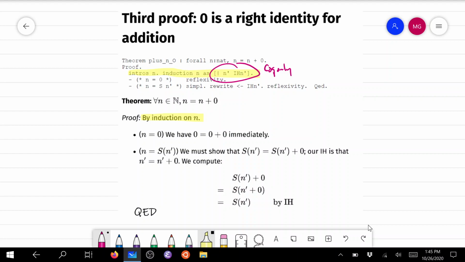We don't have to give any such pattern here because we can just assume the reader is following along. Now, what we do instead is that in each case, just like we did for destruct earlier, we end up saying what n we're looking at. So to be concrete, in the first case, we say, here's our n equals 0. And then in our second case, we say, here our n is equal to s of n prime. So if anything, that bit corresponds to these two cases.